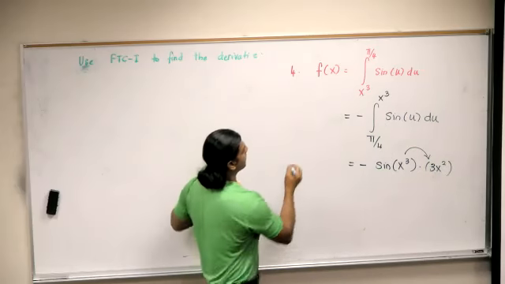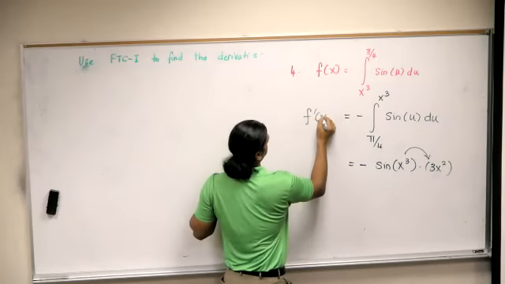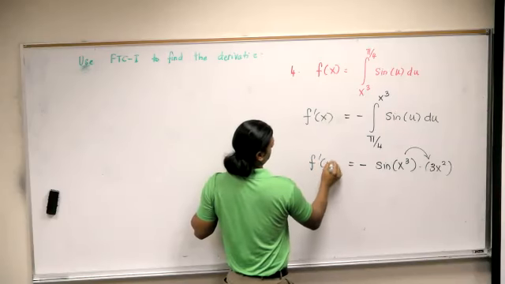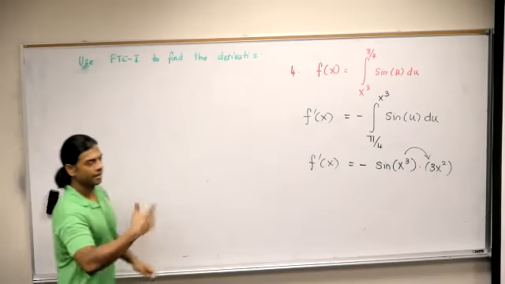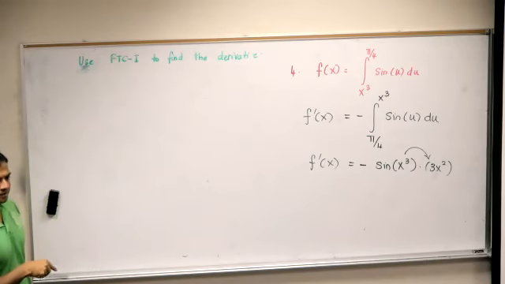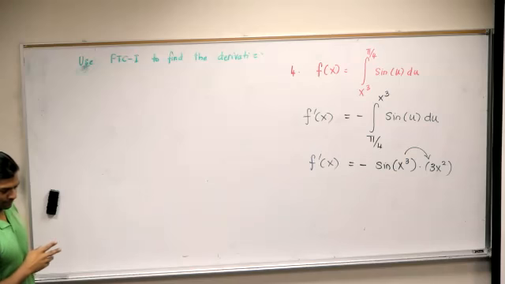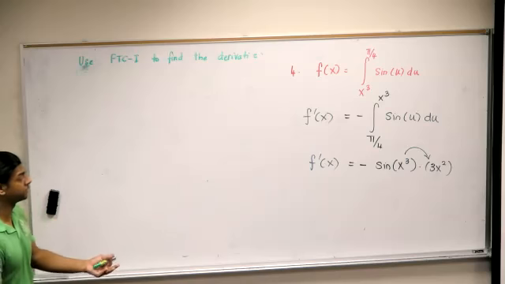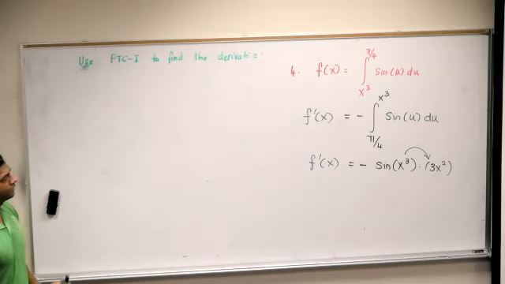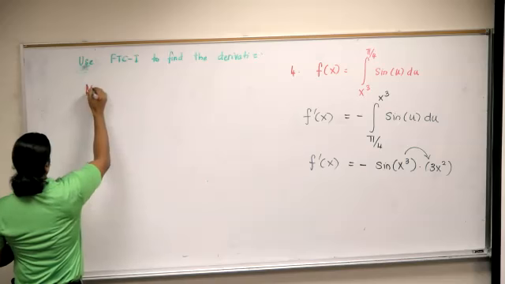Multiply by 3x squared. I get that, yes? That's knowing the fundamental theorem of calculus. If you didn't want to do all that, you can take this approach also.